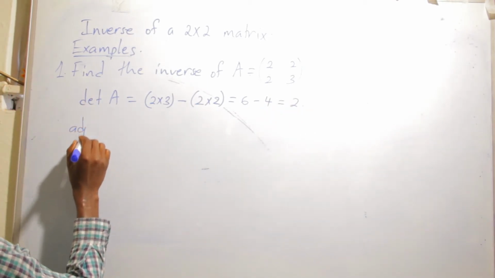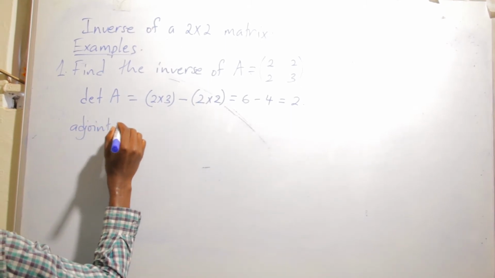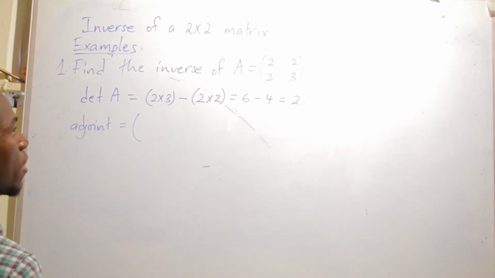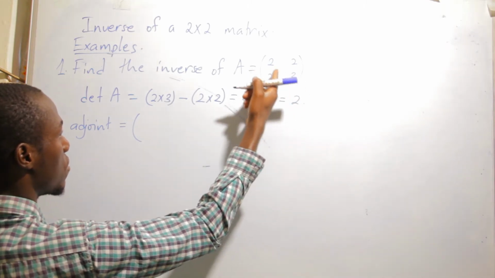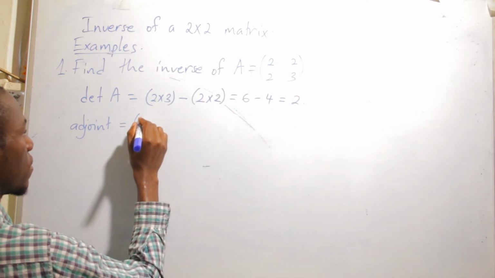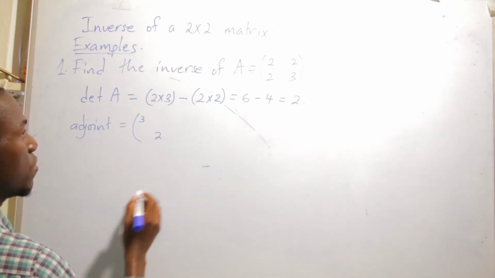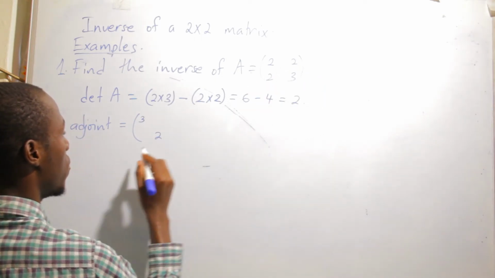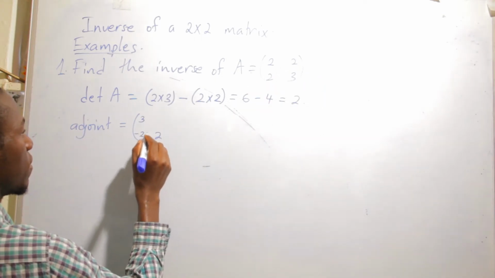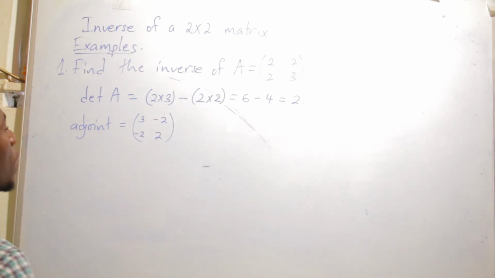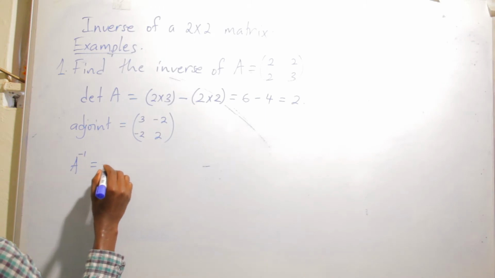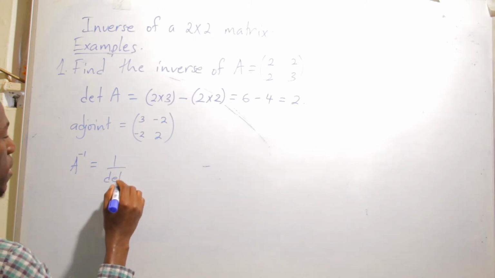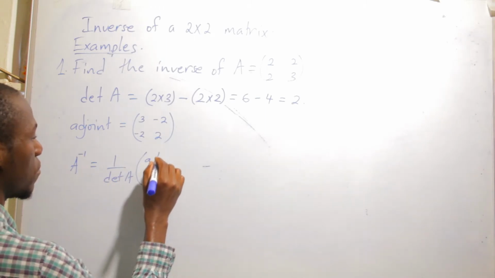Then the adjoint of A: we interchange those in the leading diagonal, that is a 3 and that is a 2. Those in the minor diagonal change signs. Then finally the inverse is 1 out of the determinant times the adjoint.